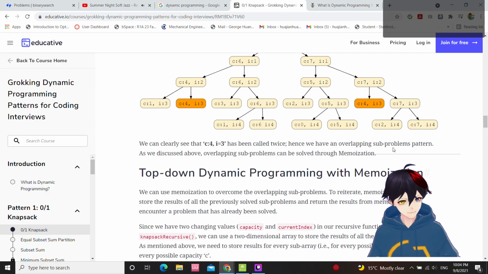Ensure the overlapping subproblems pattern. As we discussed, overlapping subproblems can be solved through optimization.